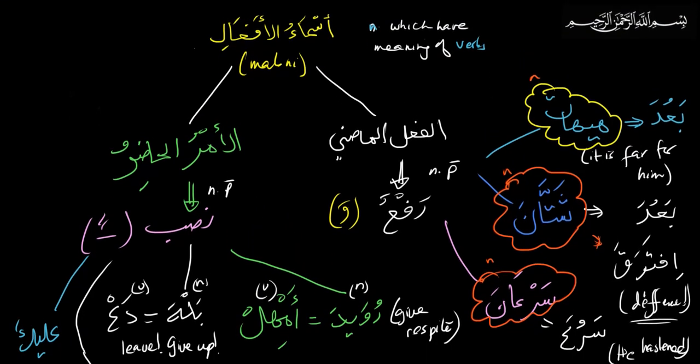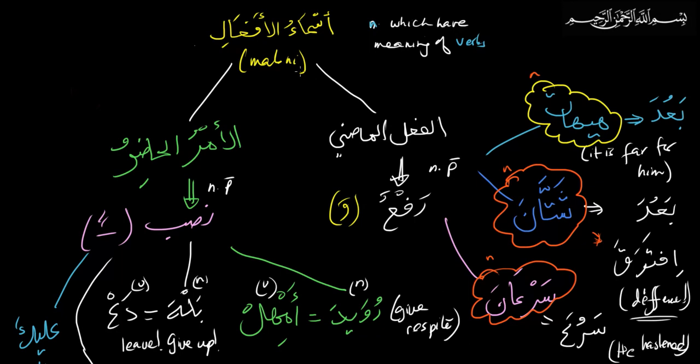So asma af'al are nouns that have the meaning of verbs. They can have the meaning of fi'l madi, in which case they make the noun that comes after them rafa, or the meaning of fi'l amr, in which case they make the noun after it nasb.